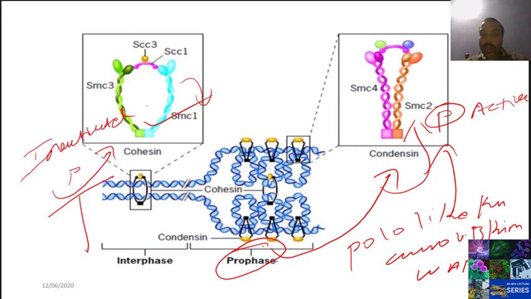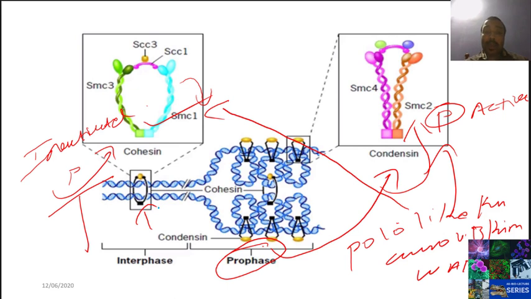Okay. So the polo-like kinases, Aurora B kinases and WAPL separate the sister chromatids by removing the cohesin from various parts of the chromosome except the centromere region.